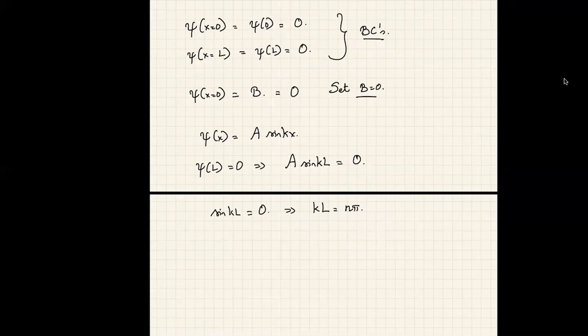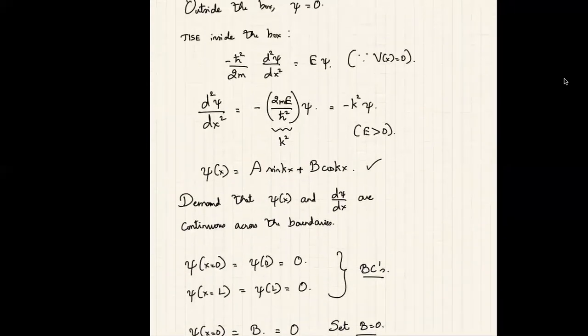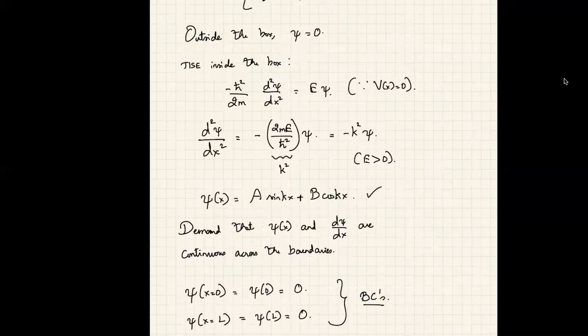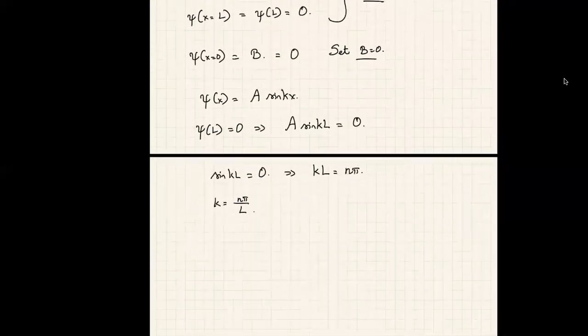So the second boundary condition tells me that the value of k that I have chosen is not arbitrary, but it has to be n pi divided by L. Okay, but what is k? If you go back, k square is nothing but 2mE over h bar square. That is our value of k. So this k square then has to be n square pi square over L square.